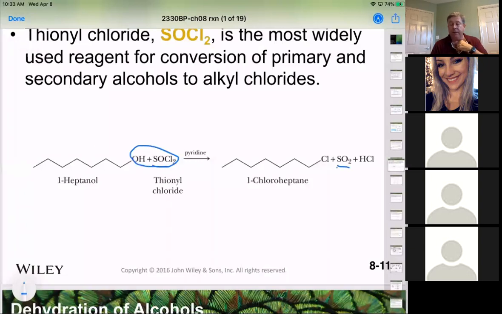And therefore it gives us this SO2 as it's literally taking the oxygen off here, transferring it to the sulfur, and then this is leaving as a better group. So this is a kind of a cool reaction. We'll see it again when we talk about carboxylic acids using thionyl chloride to convert an OH to a chloride. So keep that in the back of your head because we will use this reagent again.